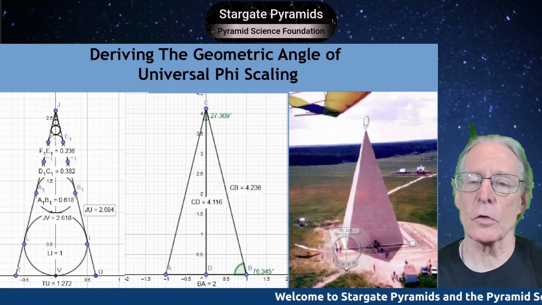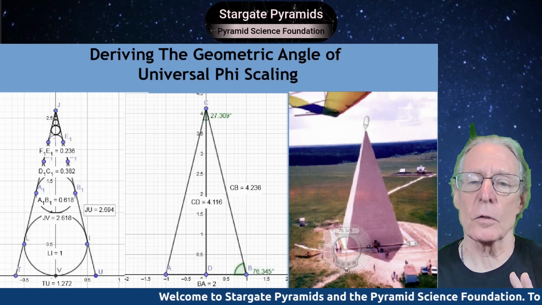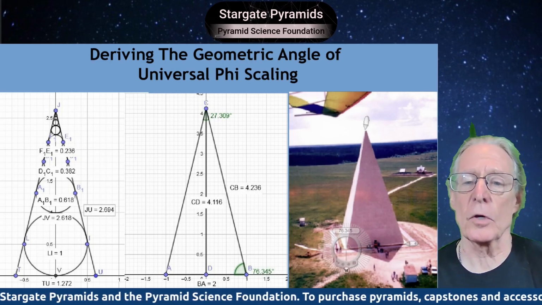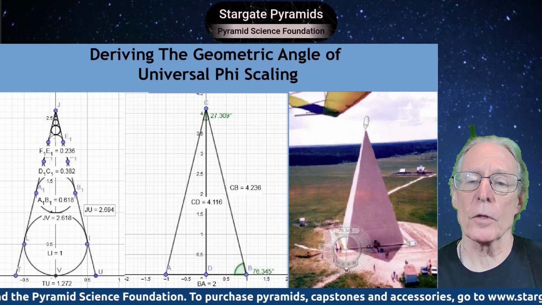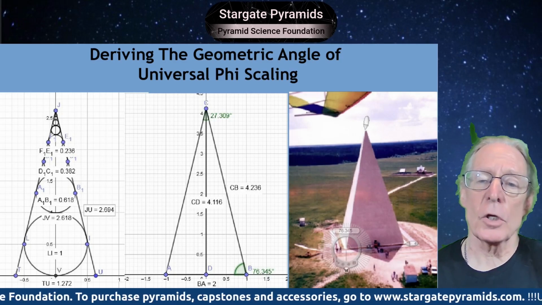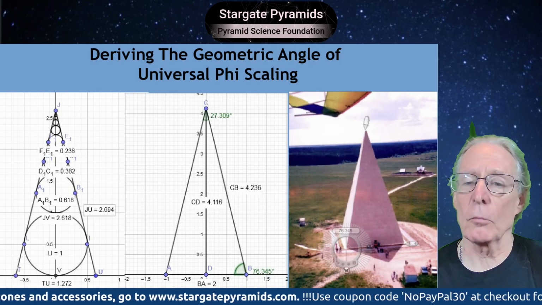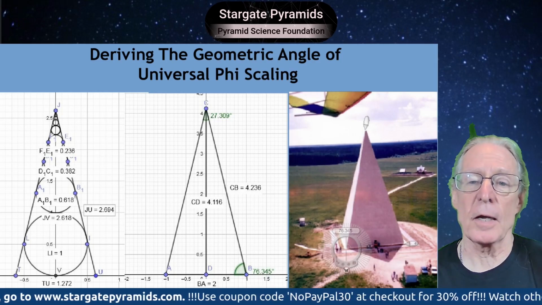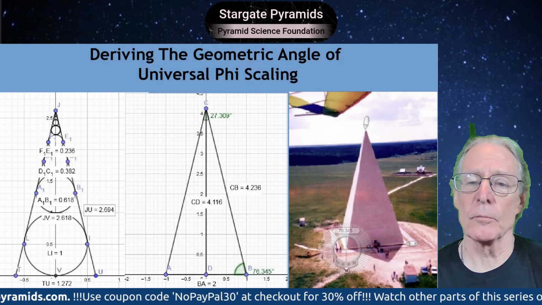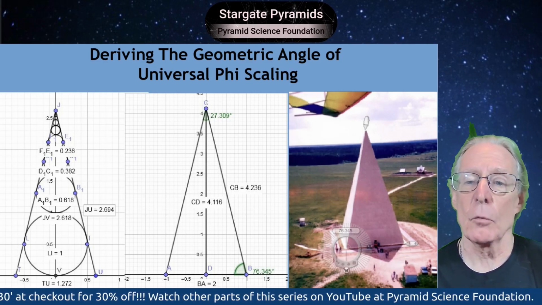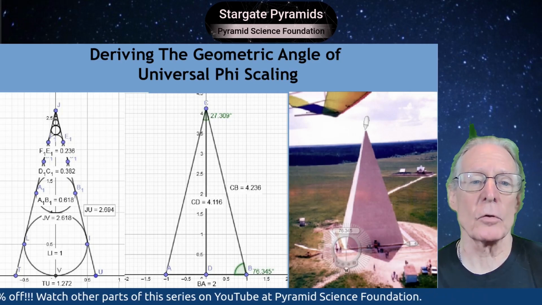But I stacked those circles up, drew the lines on the side to make a triangle in two dimensions, pyramid in three, and I came up with, sure enough, a geometry of 76.345 degrees, which told me that I had nailed this geometry and the way that it had been arrived at, which of course is the geometry of universal phi scaling.